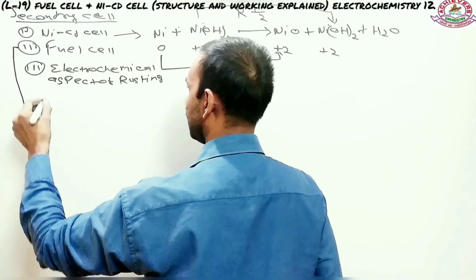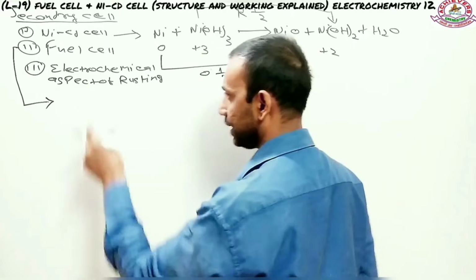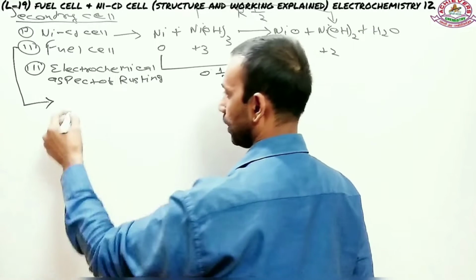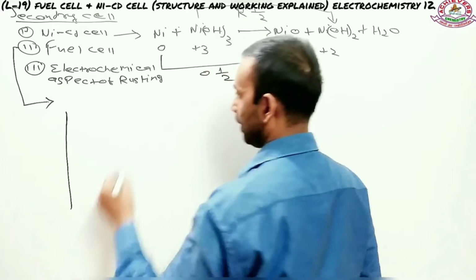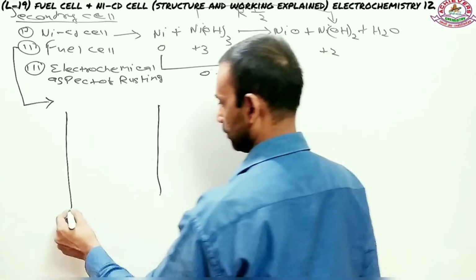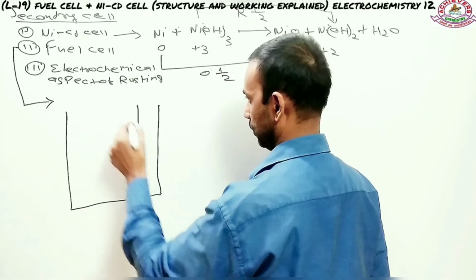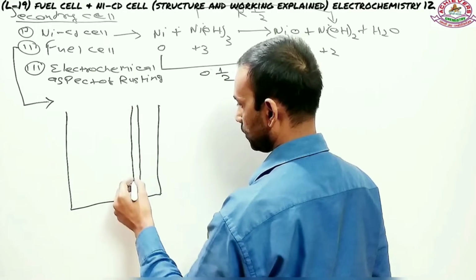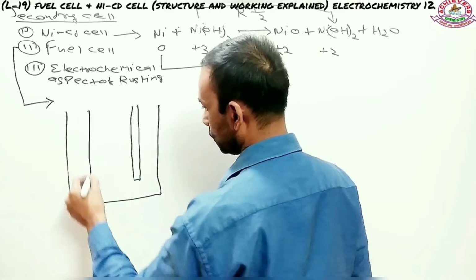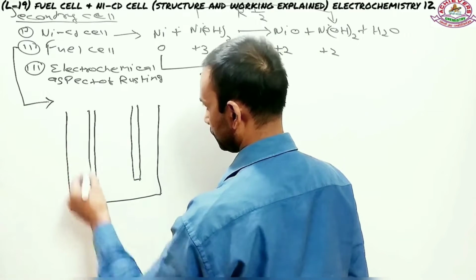So I'm going to talk about the fuel cell. Let's see it with the help of a diagram first. A fuel cell consists of two carbon electrodes. Suppose these are the two carbon electrodes here.